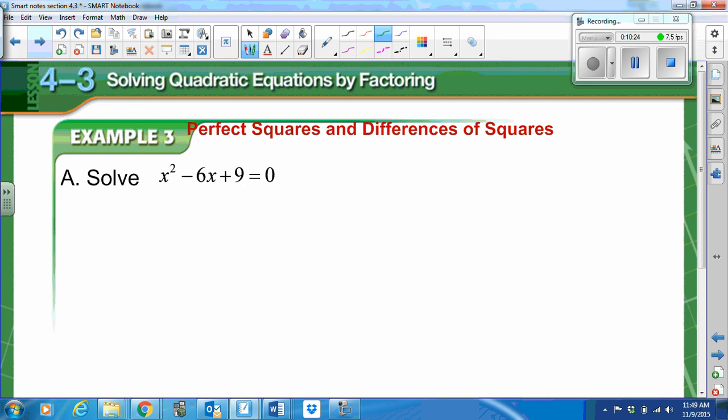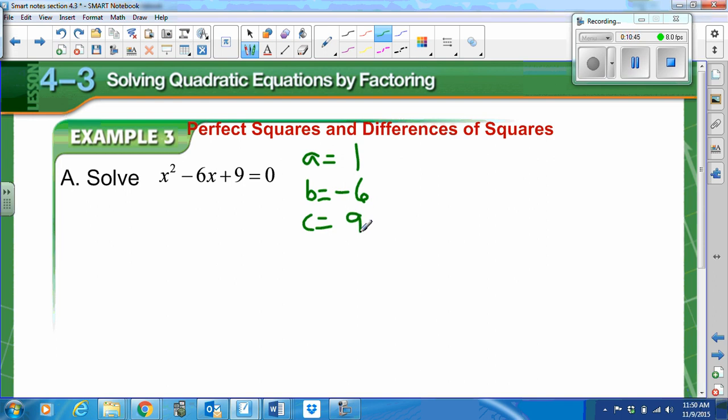All right, perfect squares and differences of squares. I'm going to teach you how to factor all trinomials in the same way. The first thing you want to do is get it set equal to 0, and then identify a, b, and c. So in this case, a is equal to 1, b is equal to -6, and c is equal to 9.